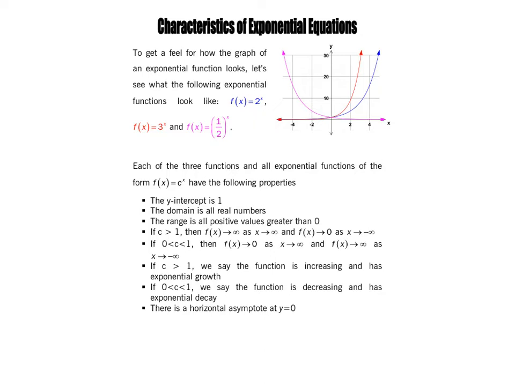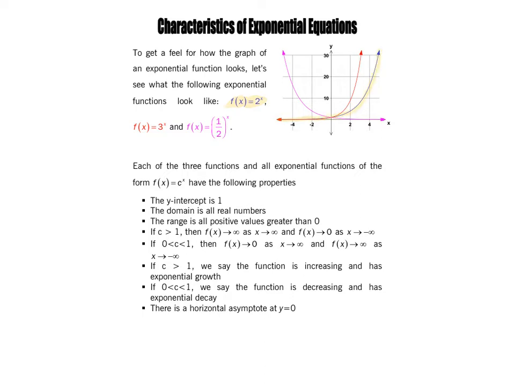from which to build. So, let's take a look at the following three exponential functions and their graphs and see if we can detect a relationship between them. So if we take a look at 2 to the exponent x, it's represented by this nice blue curve that goes like this.